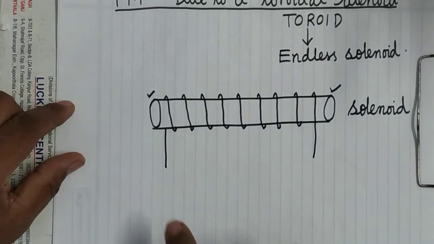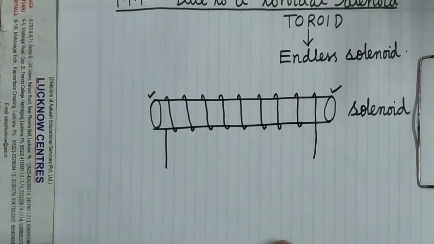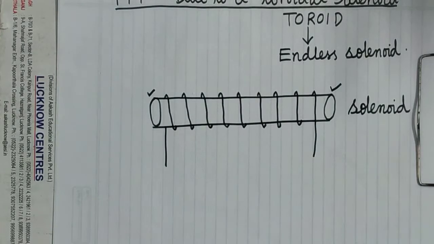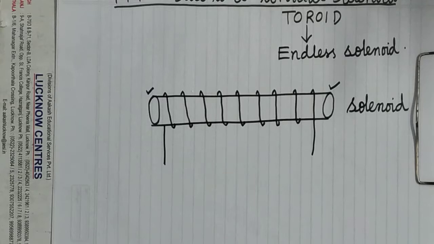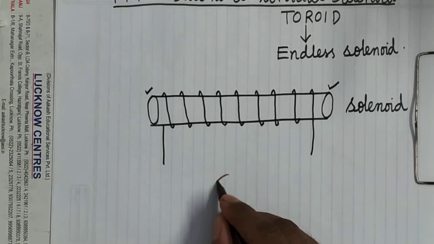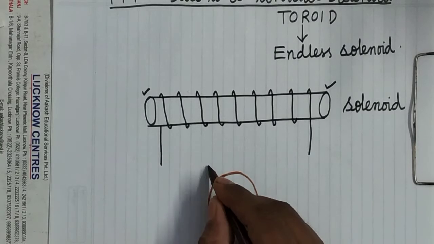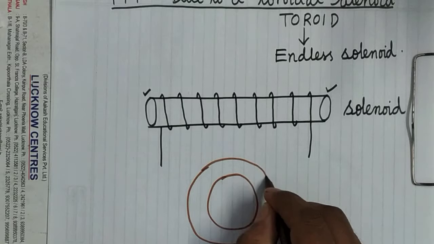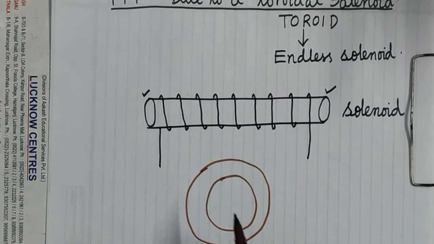So first you do the windings like this, and then you bend it in the form of a circle and connect both the ends. When it is bent in the form of a circle and both the ends are joined together, it will be like this.